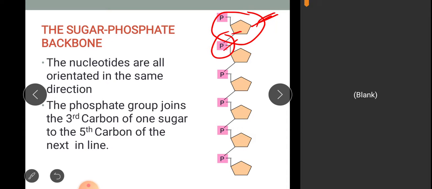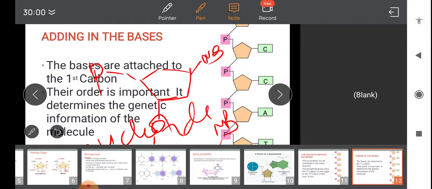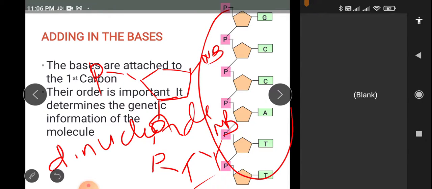Here I got a blank sheet. Let me draw it once again. Okay, anyhow, I hope you got a better idea regarding the formation of a polynucleotide. So from the third carbon to the fifth carbon of the next nucleotide, there is a linkage. The nitrogen bases are also added to the first carbon. So this one is a polynucleotide.